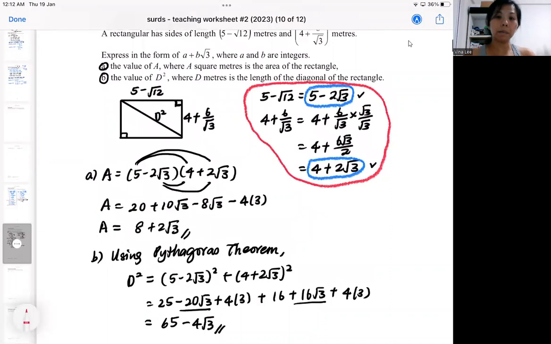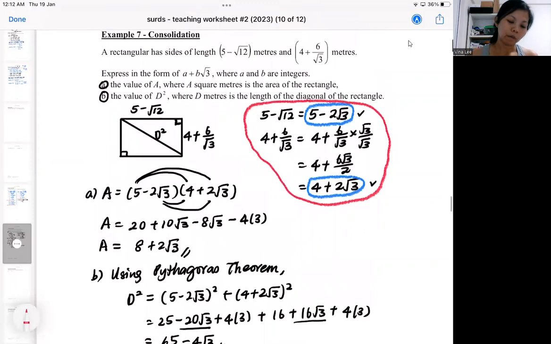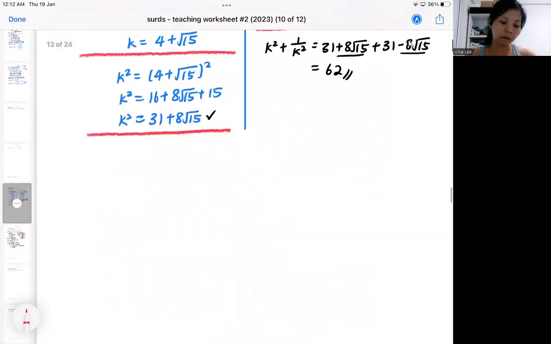Sometimes I see questions where pyramid, cylinder, prism happen, and their dimensions are in surds. So you just have to rojak in your surds technique and the mensuration formulas. So this falls under consolidation.